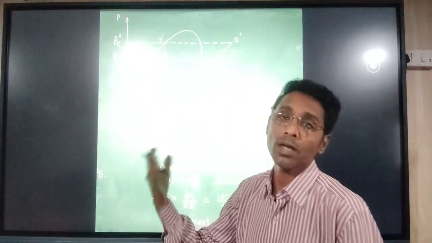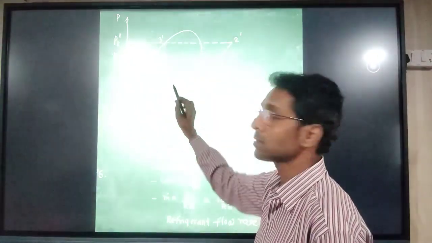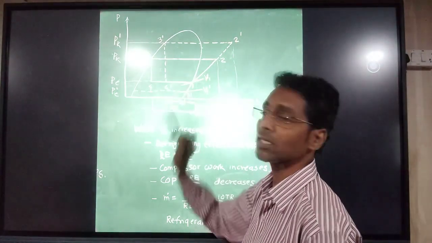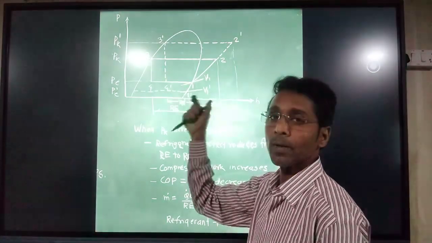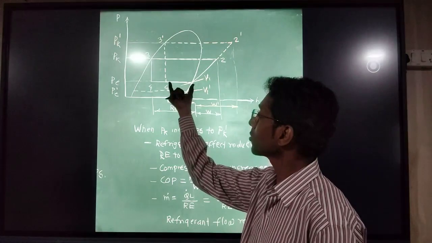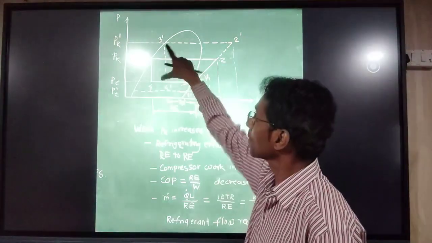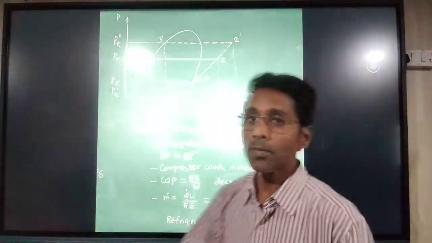That liquid refrigerant is what we use in the evaporator. So when the flashing effect increases, it reduces this 1, 4 dash length, which is the effective refrigerant effect. We should not compromise the cooling effect. For that purpose, instead of single stage, we go for multi-stage.